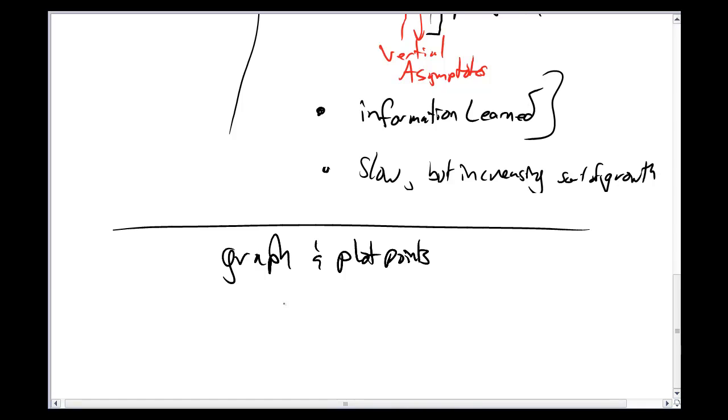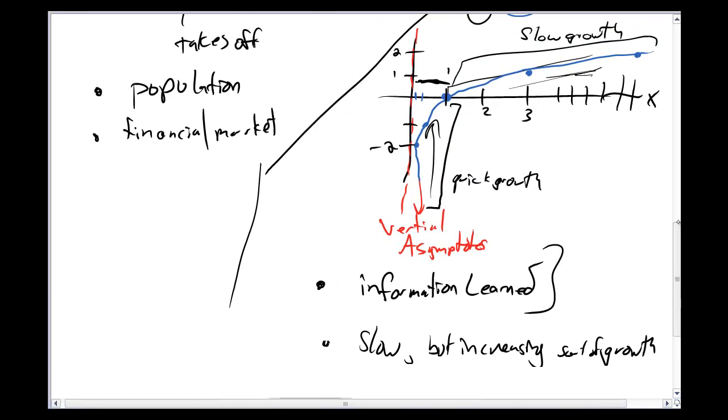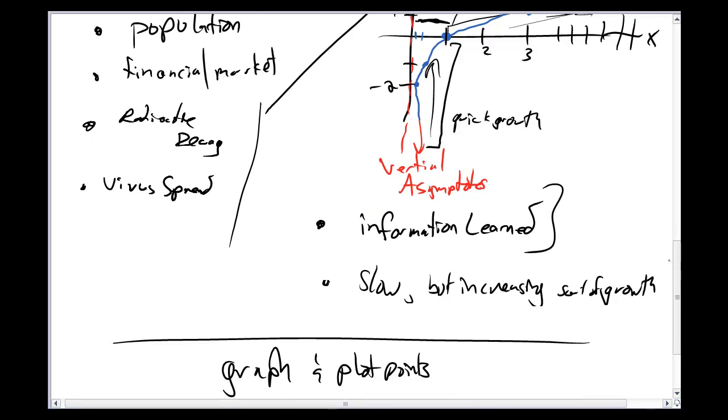Exponentials and logarithms model everything from, on the exponential side, we talk about stuff like radioactive decay. We talk about virus spread. You want to see how a particular virus is affecting a population.